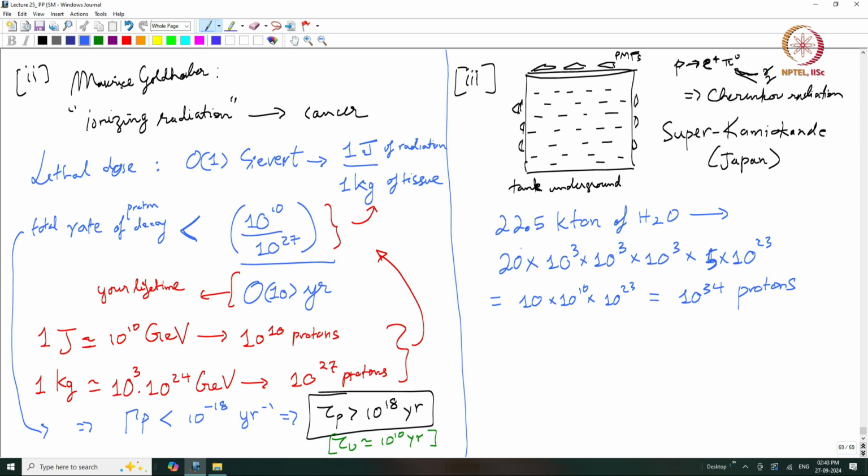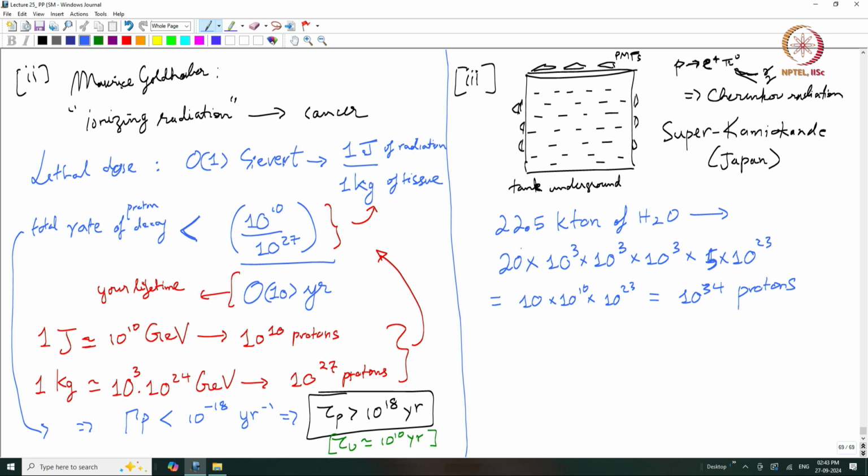Okay. Now all they have to do is wait for one of these protons to decay. And typically these experiments last for a year. This one has lasted almost 10 years if I'm remembering correctly. But let's just say the typical time scale for an experiment like this is a year. Okay.